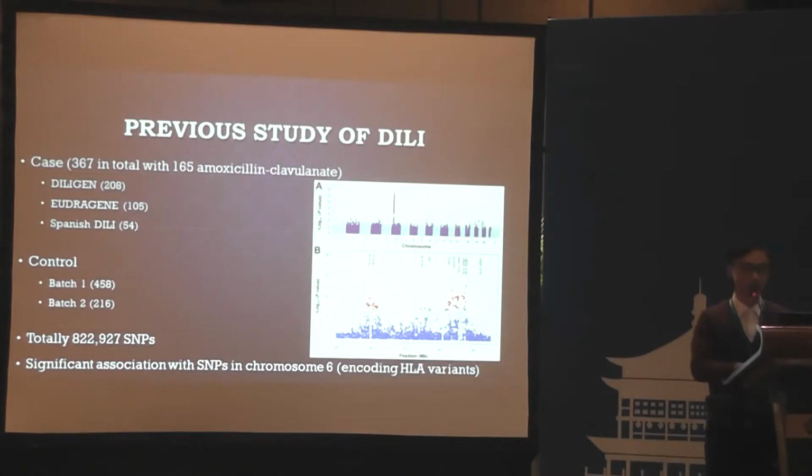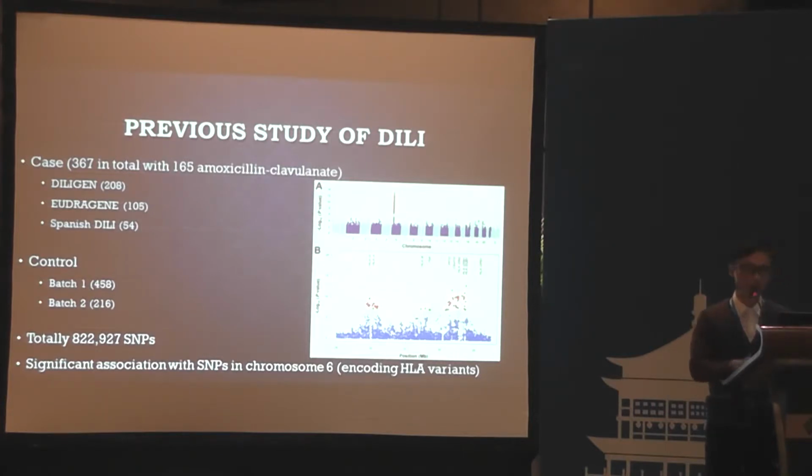The results in our previous studies show that significant associations with the SNPs in chromosome 6 are highly correlated with drug-induced liver injury.